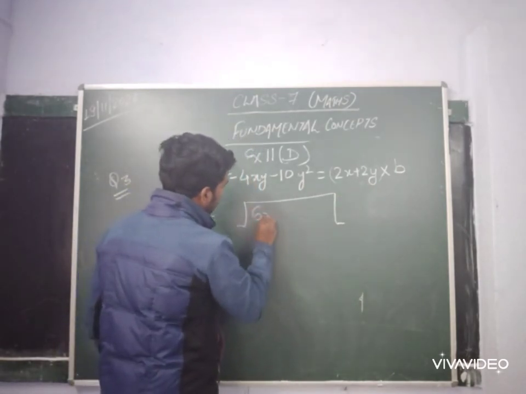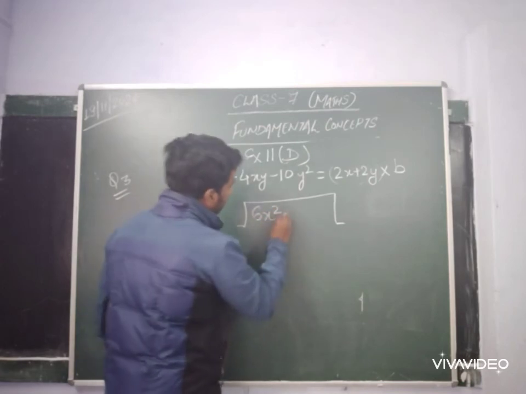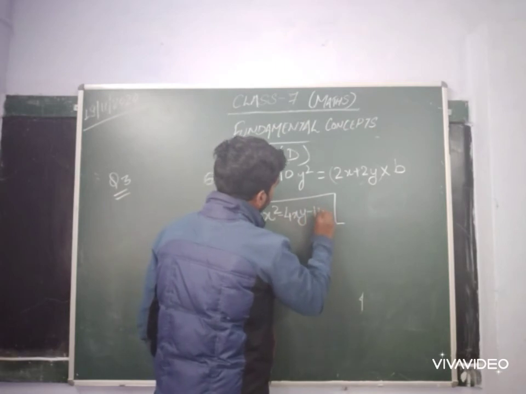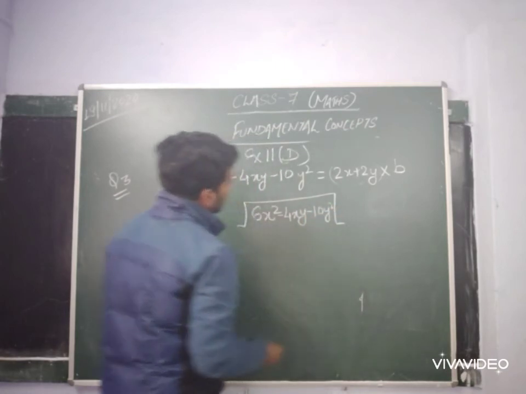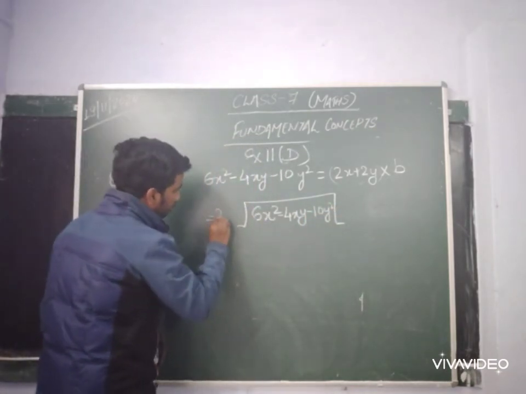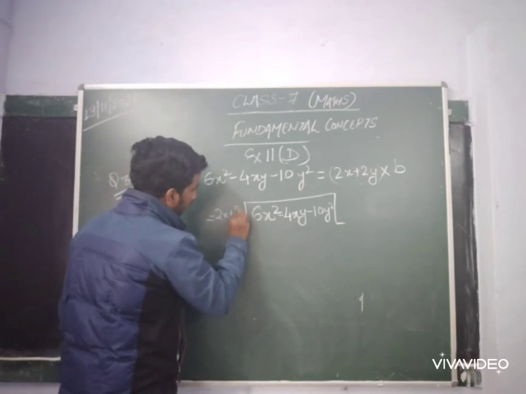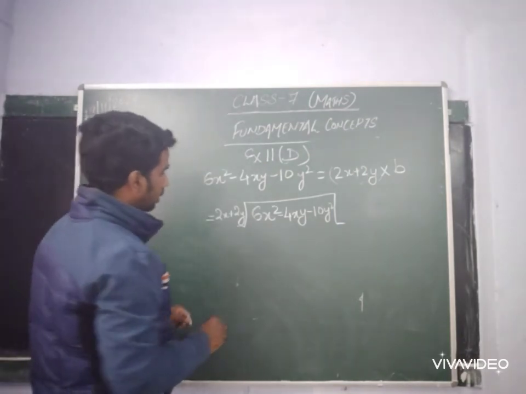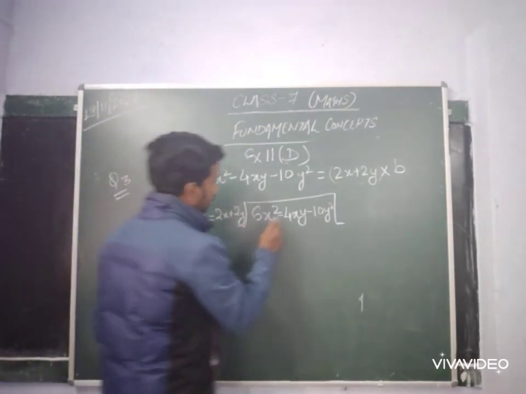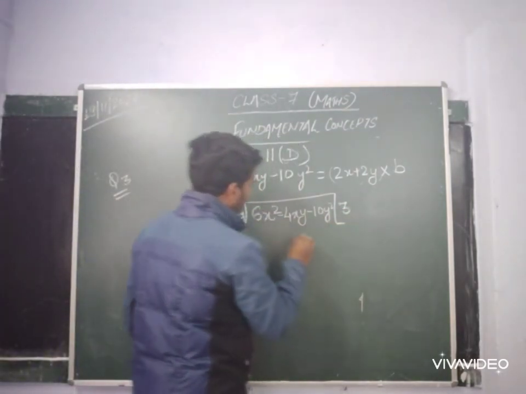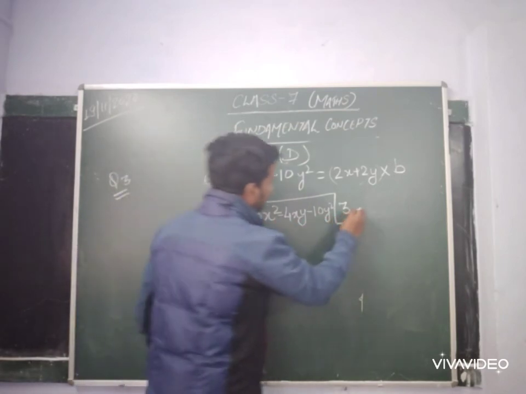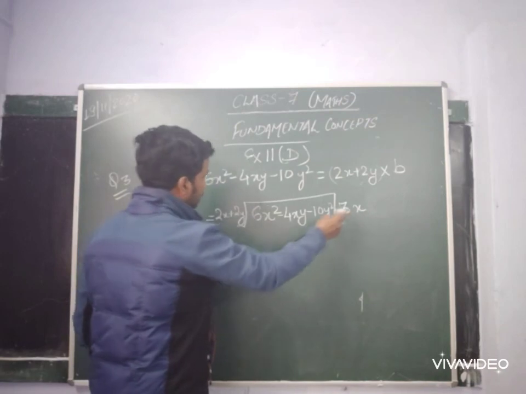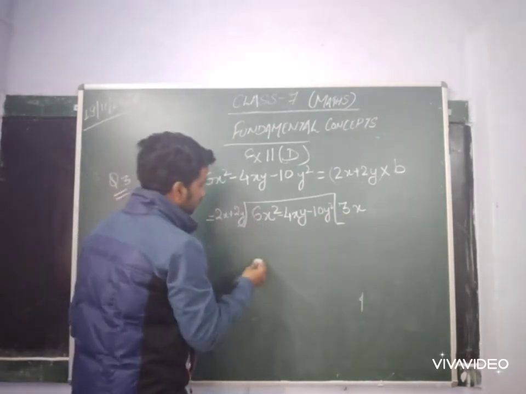So 6x square minus 4xy minus 10y square. Clear? And this is 2x plus 2y. Okay? Now divide. 2 3s are 6 and x. Clear? 2 3s are 6 and x will be multiplied with x, so we'll get x square.